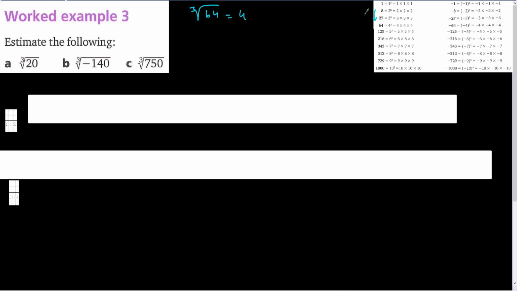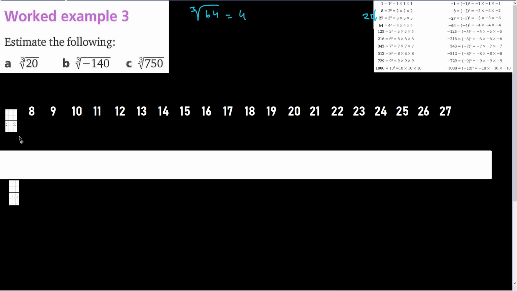And we know that 20 is between 8 and 27, and with respect to that, I need to estimate the answer. Like I did before, I'm going to write the numbers between 8 and 27 and show this table here, and I'm going to try to approximately guess the answer of this question.